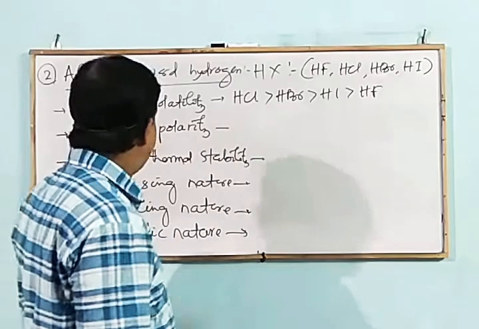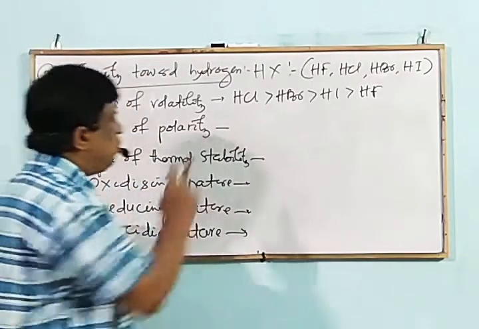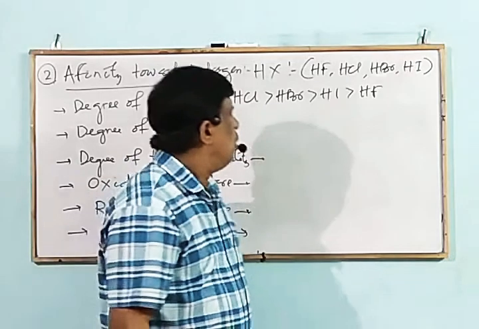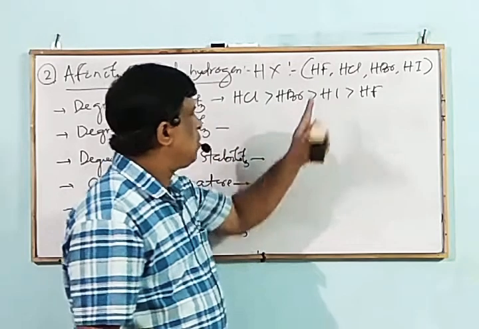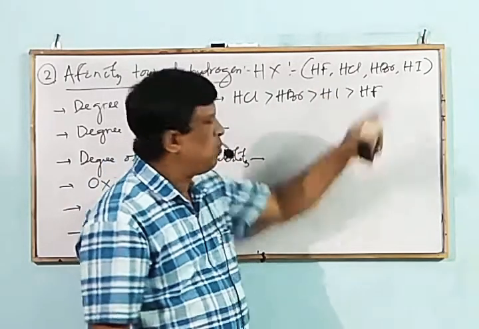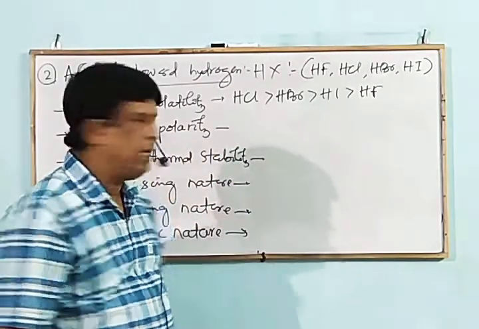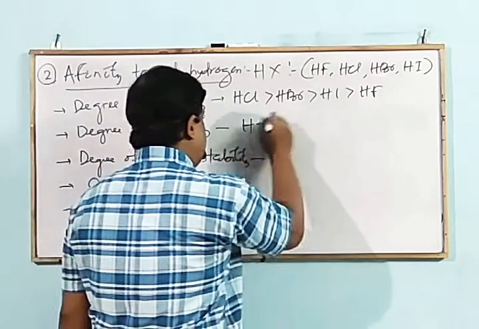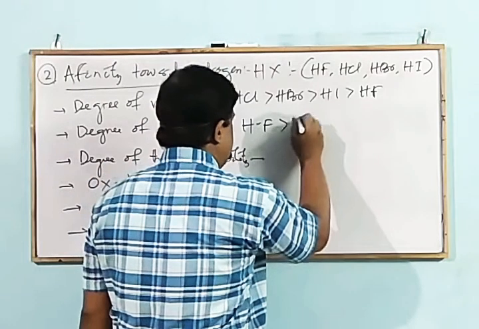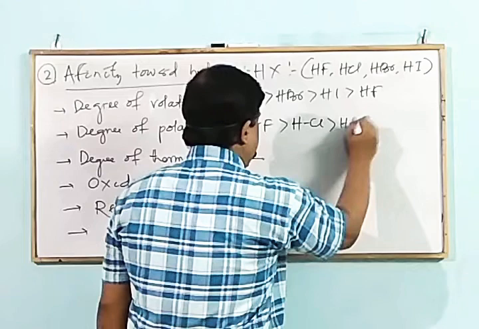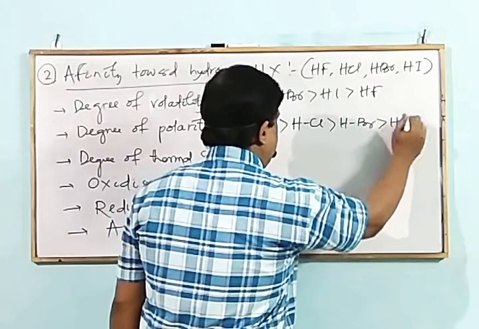Fluorine has the highest electronegativity among the halogens, then this value decreases, so the degree of polarity decreases as HF, HCl, HBr and HI.